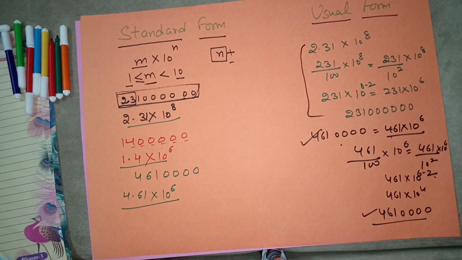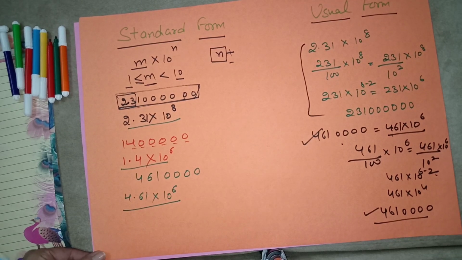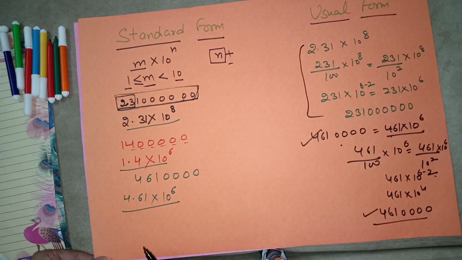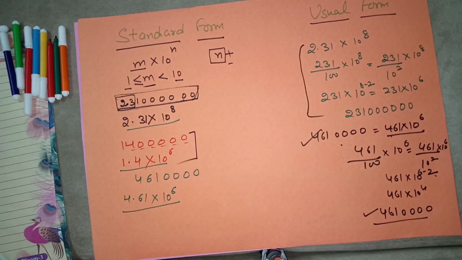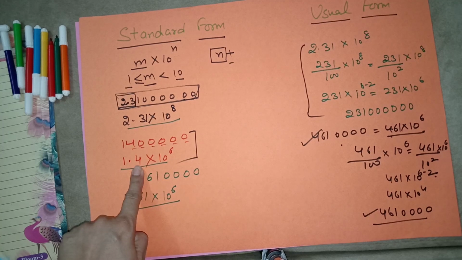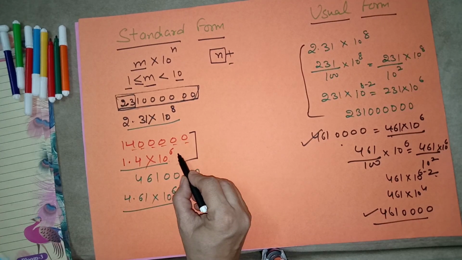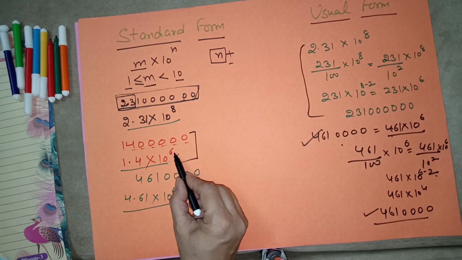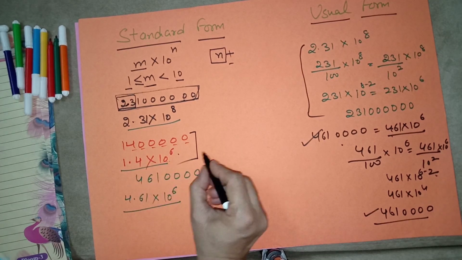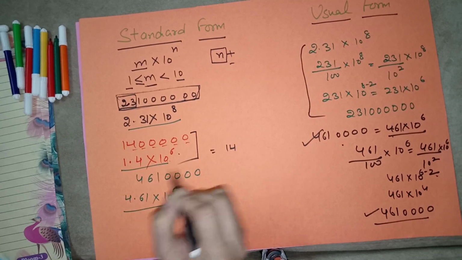Any doubt? No. Yes. Now just see this example, right? 1.4 multiply 10 to the power 6. Now directly I can write 1, 4 as it is.